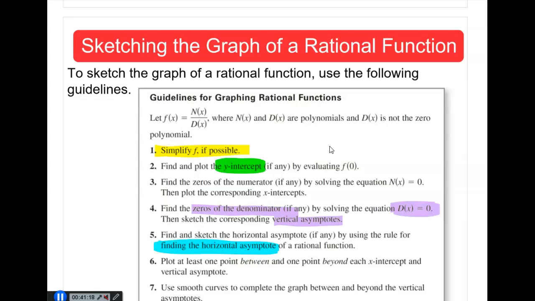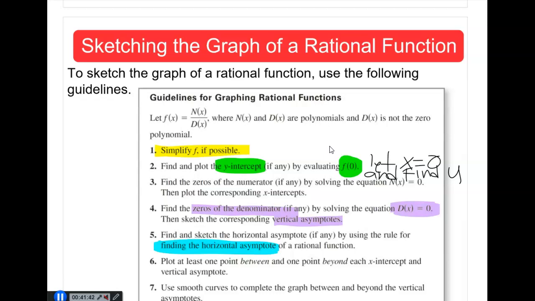Find the y-intercept. And remember, we do that by letting x equal 0, just like we do with any other function. And then we find the y coordinate. Then for number 3, find the zeros of the numerator.